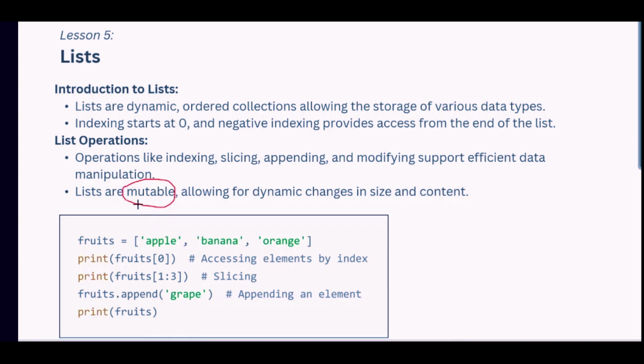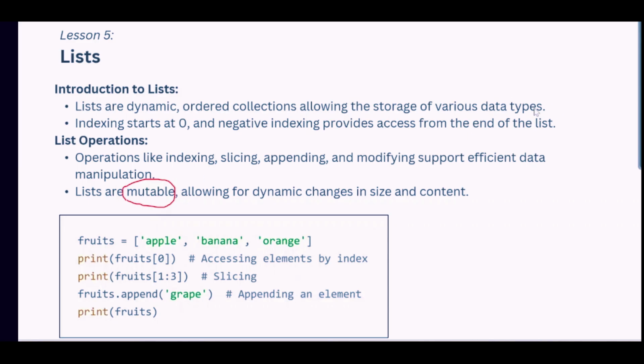Always just understand mutable means editable. In other words, you can add some element into this, or you can also remove some element from this. So yeah, this is all about list.